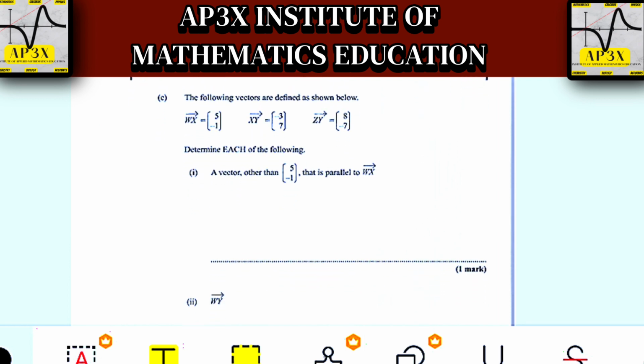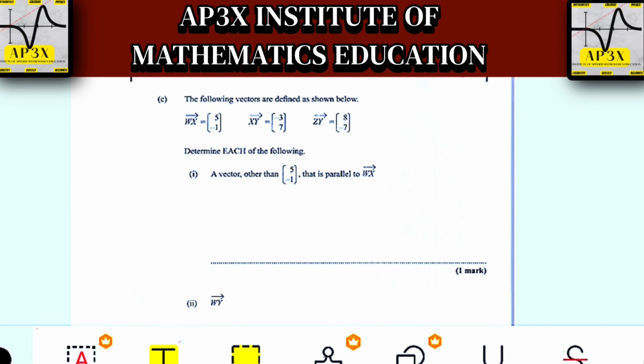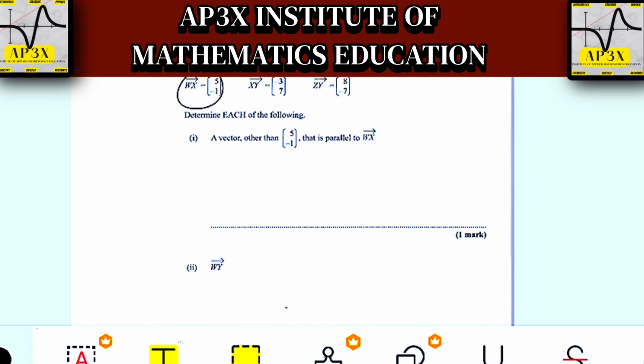Because oftentimes my instructor back many years ago would tell me that a picture tells 1,000 words. So we're looking for a matrix that is parallel to WX, and we know right away that WX is in fact 5, negative 1. So you have to have some sort of idea as it relates to parallel lines. Now, basically, if two lines are parallel, one of two things can happen.